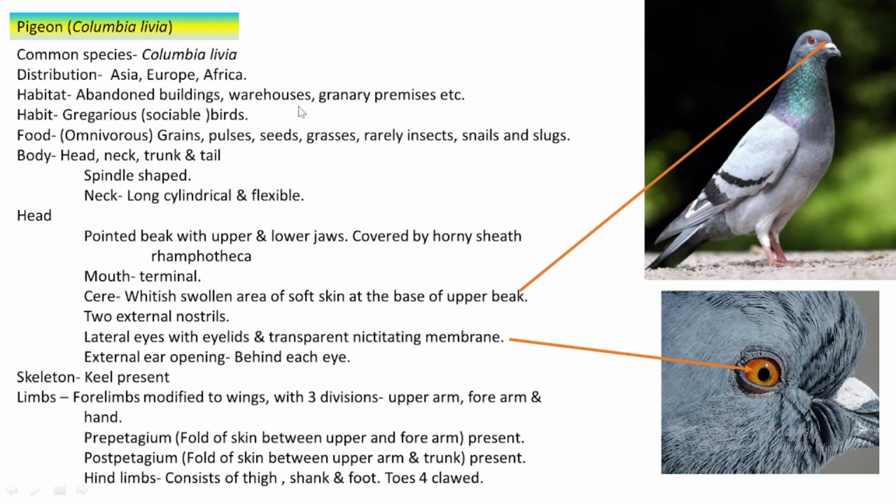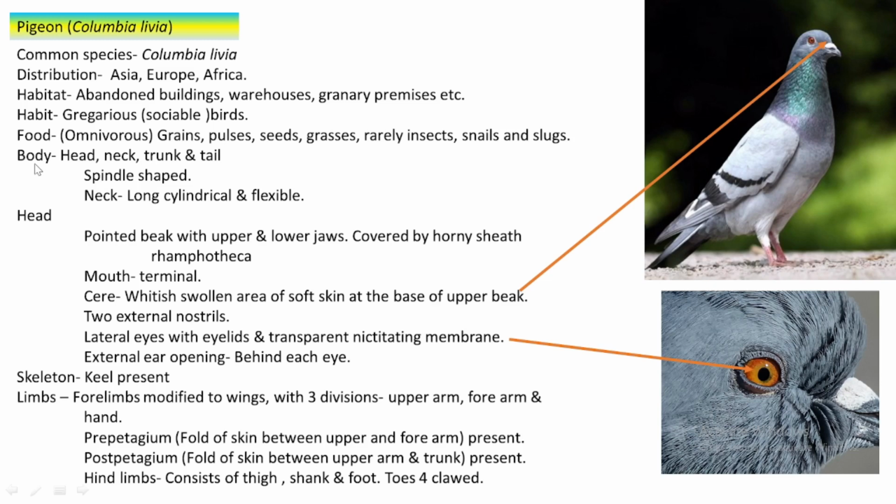These areas should be without so much noise or nuisance, but should also provide some food source. That type of area this pigeon usually prefers. Regarding habit, they are gregarious, meaning sociable. They live in groups. Regarding food, they are omnivorous. They feed on grains, pulses, seeds, grasses, small insects, snails, etc.